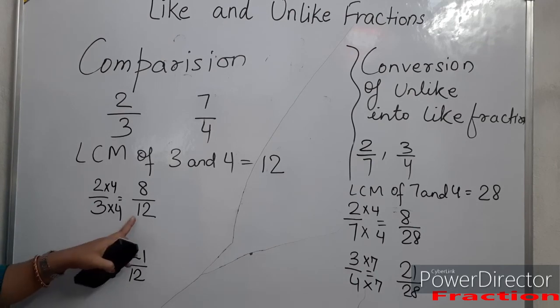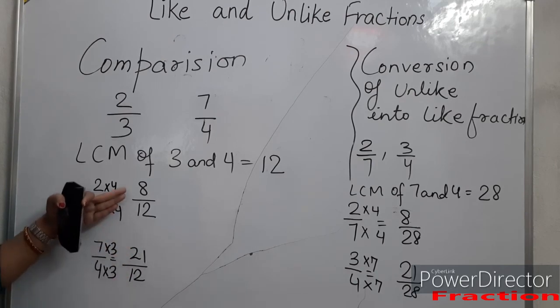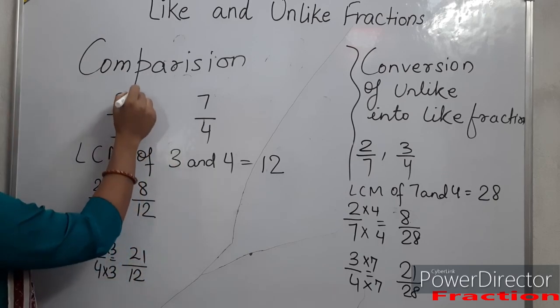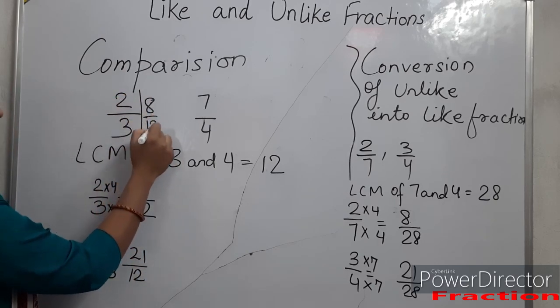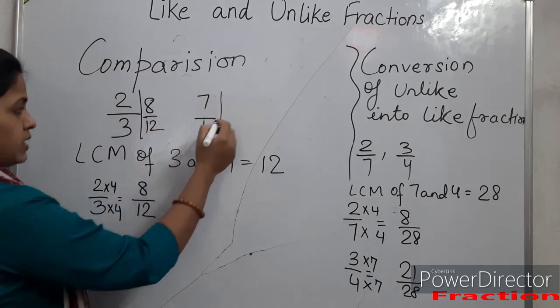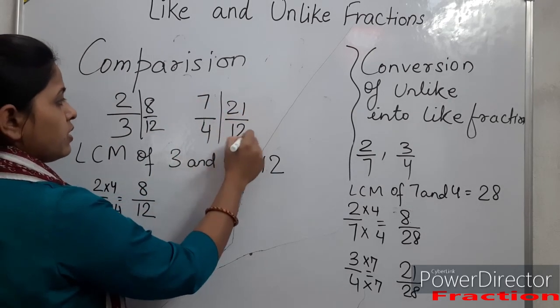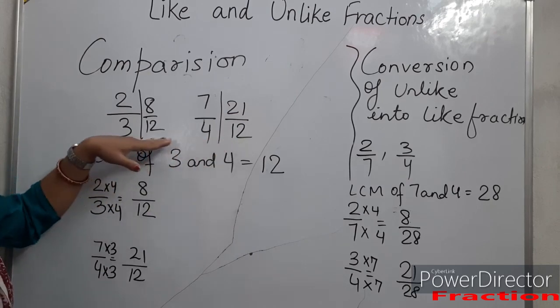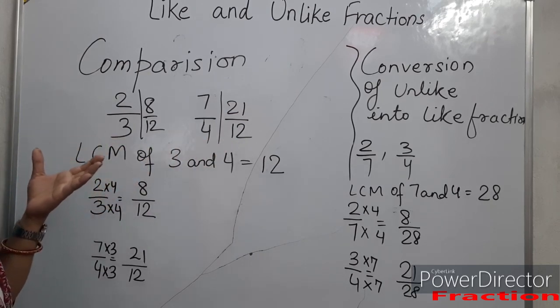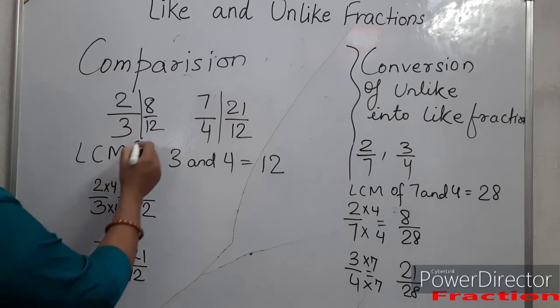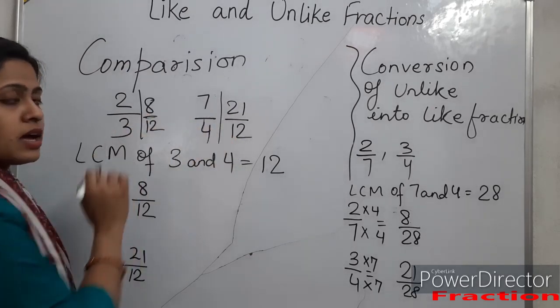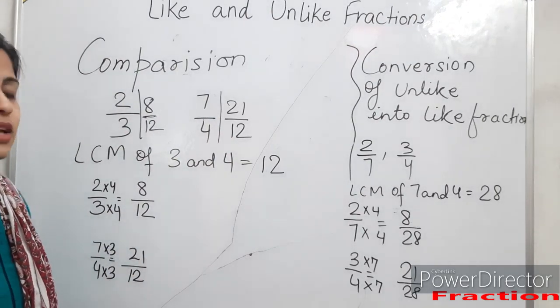Okay. Now we can see that the first fraction has become 8 by 12, and this fraction has become 21 by 12. Now it is very easy for us to say which fraction is greater, because in like fractions we have to just see the numerator.